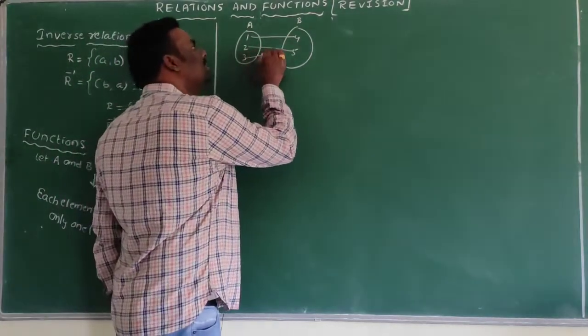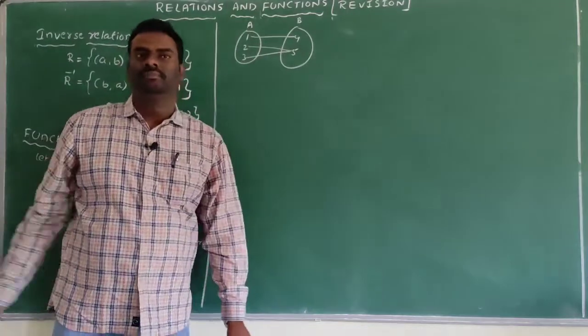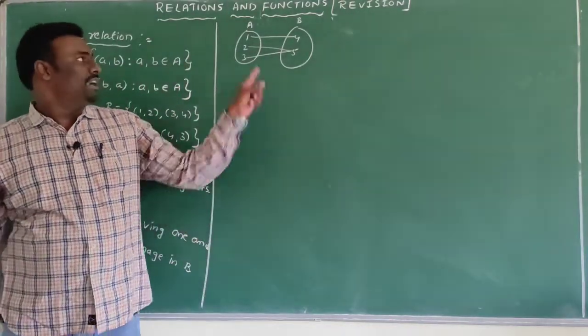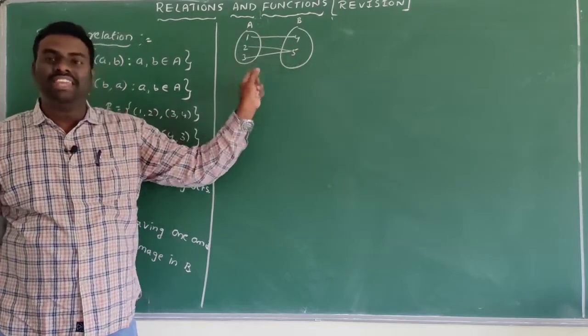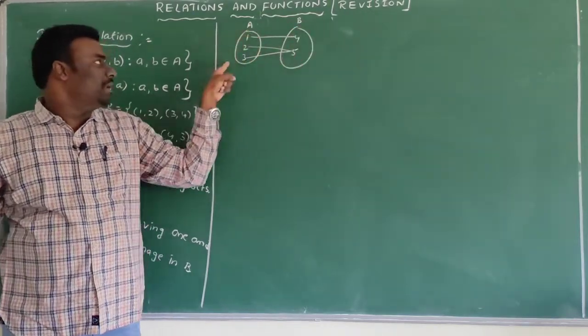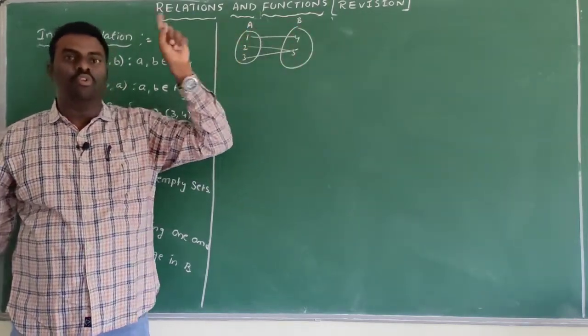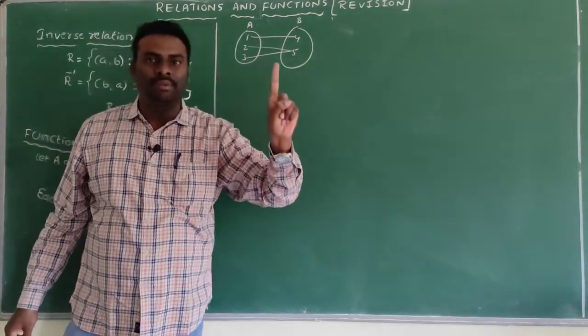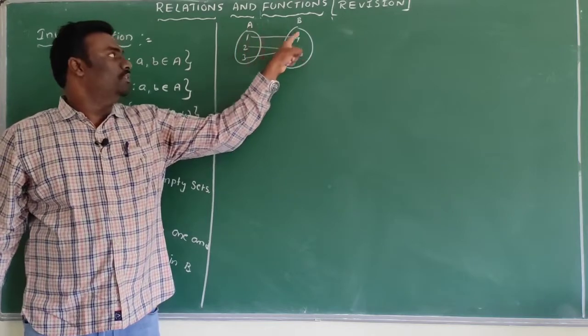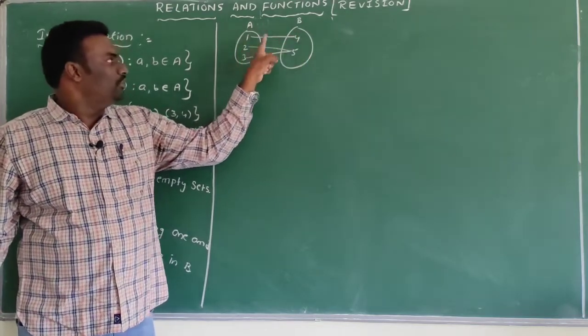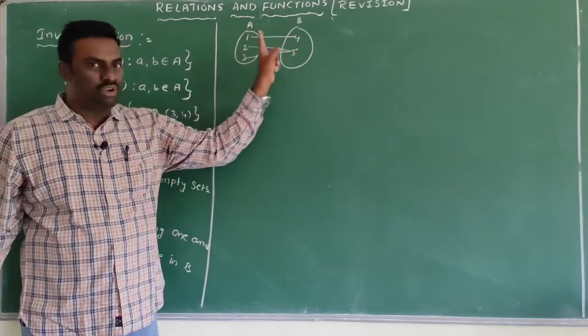I will write like this. It is a function. Why? Because 1 is having image, 2 is having image, 3 is having image. Every element in set A having one and only one image in set B. Here 1 having only one image, 2 having only one image, 3 having only one image.